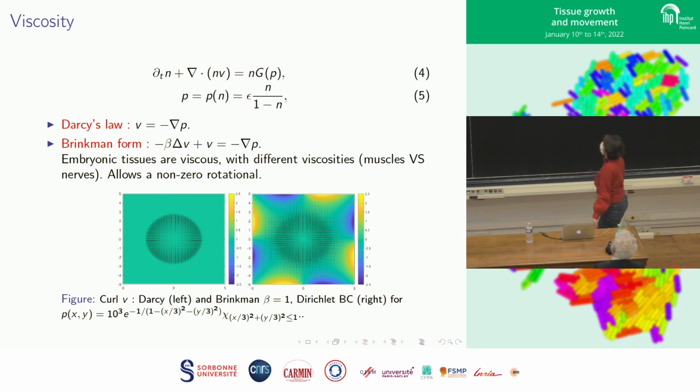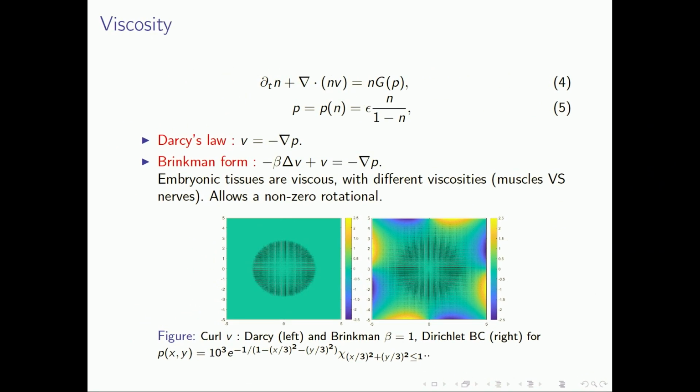So this is just a simple representation of the curl of the solution of the Darcy law on the left and the Brinkman law with Dirichlet conditions on the right. What you see in black here are the arrows. So here you have Darcy, the arrows of V. We took for a pressure something that is 0 outside this round and that forms a bump in the middle.